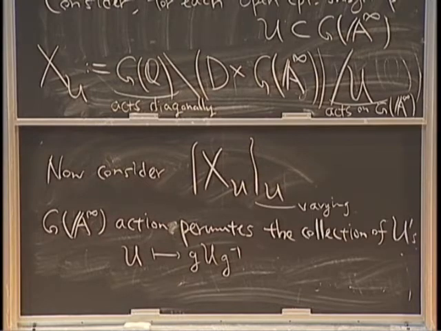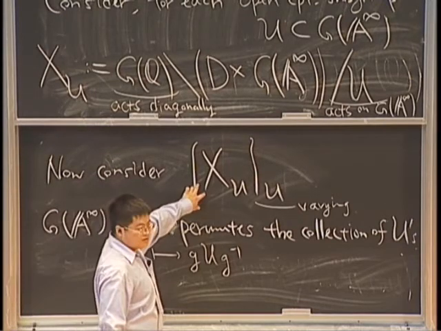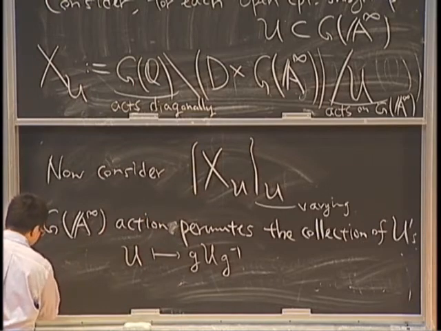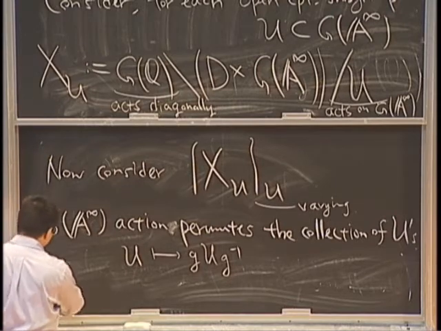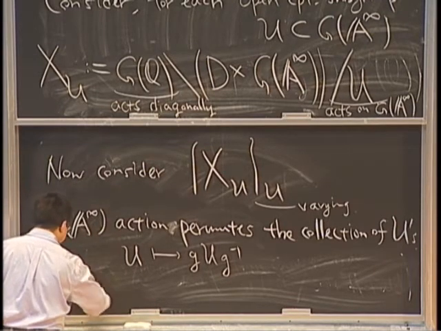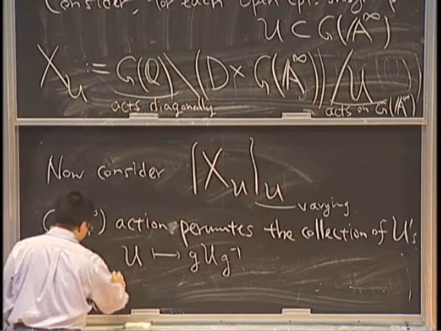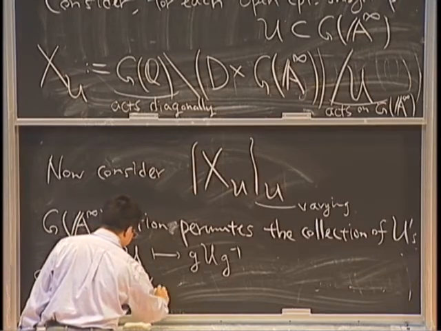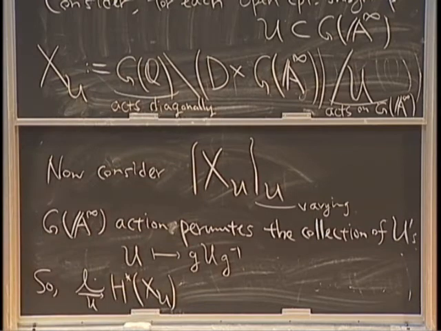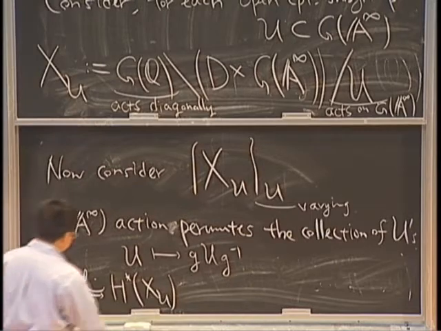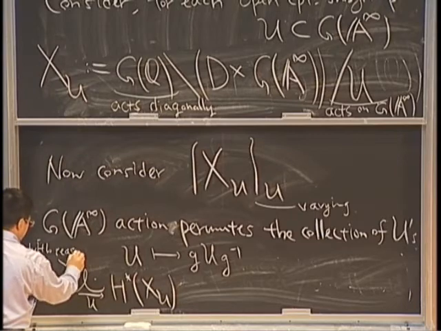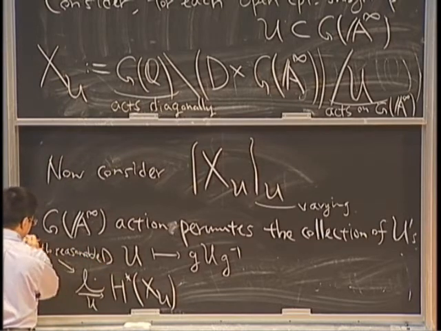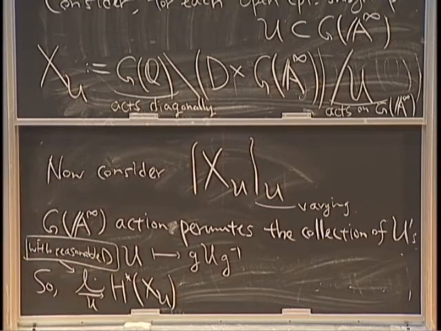And what does that mean? That means that if I consider any topological invariant of this collection, for example, now I have to probably assume that D is something good enough. But let me first write down what I care about. So for example, if I consider this inductive limit of all the cohomology of this X_U, well, of course, I have to require D to be something reasonable so that you can talk about this inductive limit.